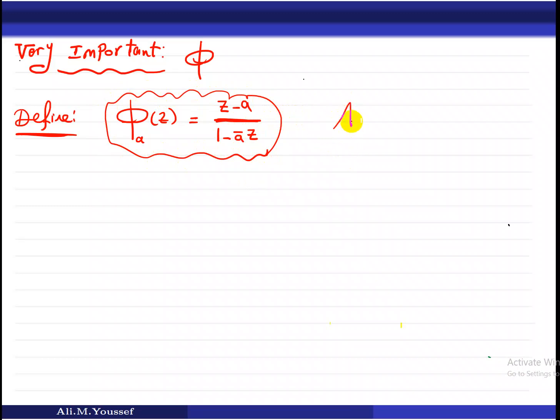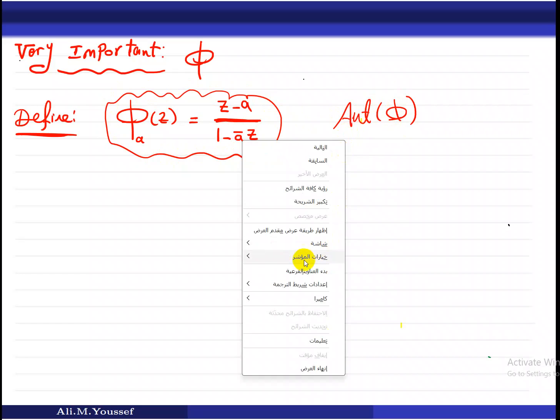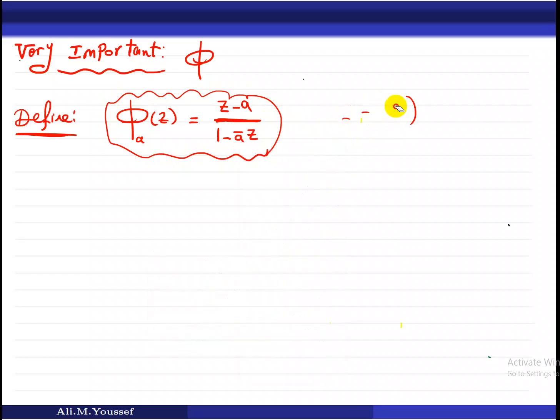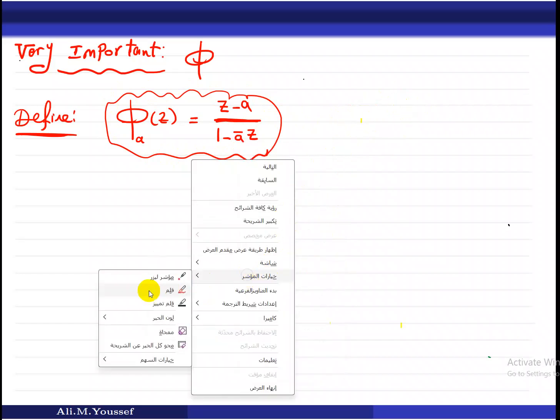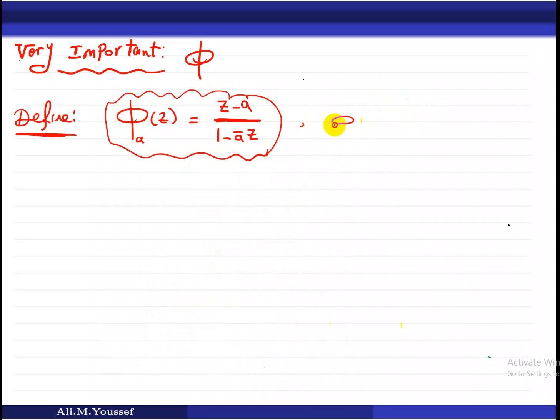So phi is an automorphism on delta, or on D, meaning that phi is a bijection from D to D. We define it in this way.